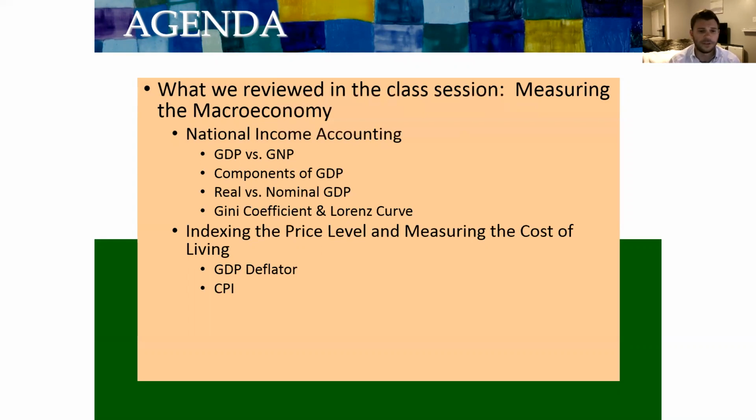And we compared this to the consumer price index, which almost took an opposite approach, whereby the CPI fixes the quantities, the basket of goods and services in a base period. And this is based off of the Bureau of Labor Statistics survey of 60,000 households regarding what a typical household consumes in terms of structuring that basket.